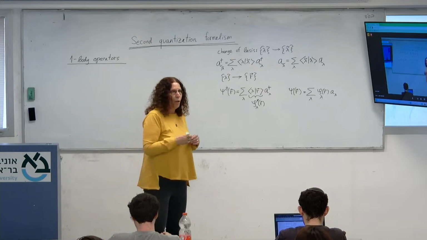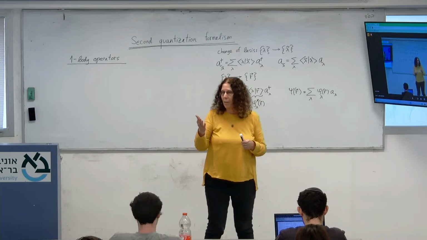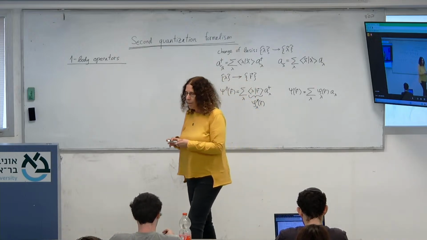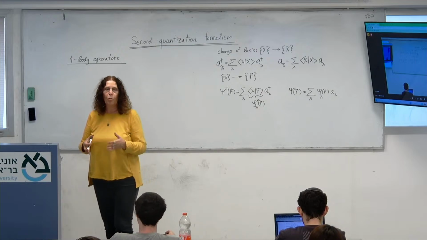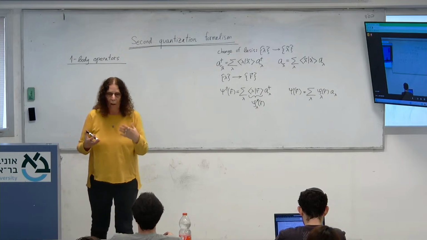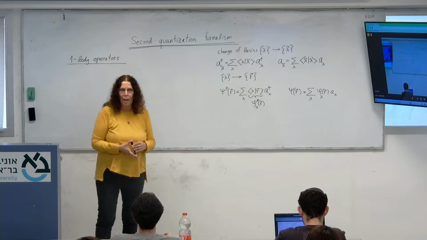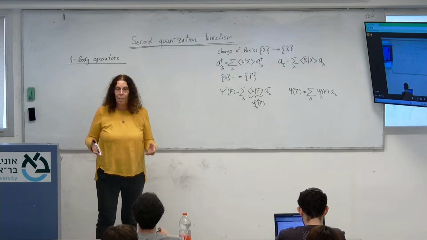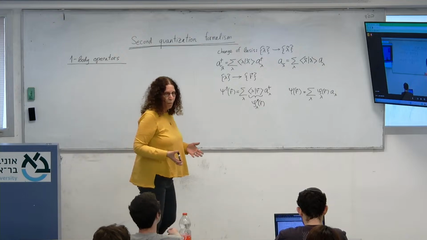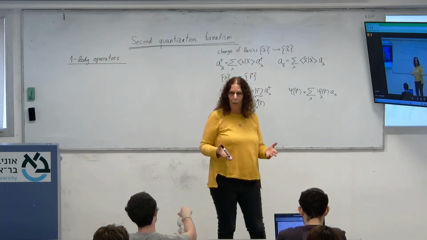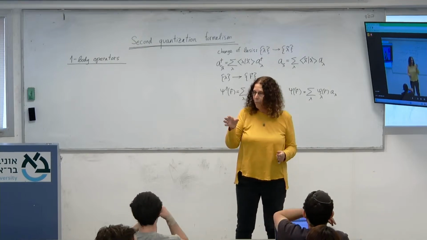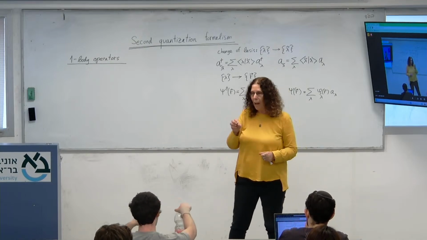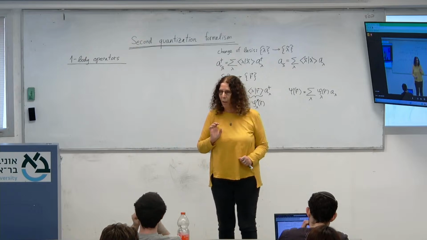In fact, you already used it when you did, for example, statistical physics of quantum many-particle systems. When you thought about something like an ideal gas, you wrote an expression for the Hamiltonian that is just a sum over particles of objects that each act on one particle only.